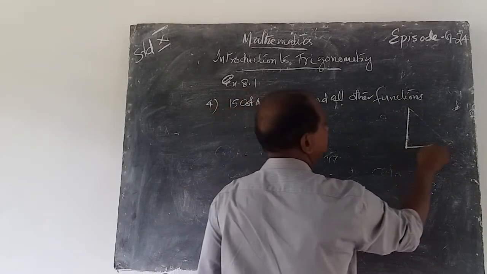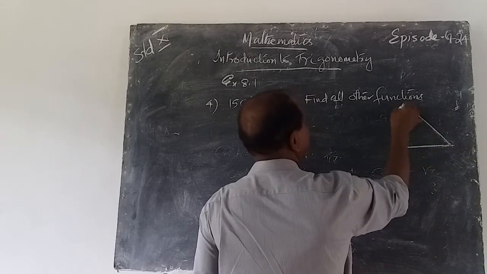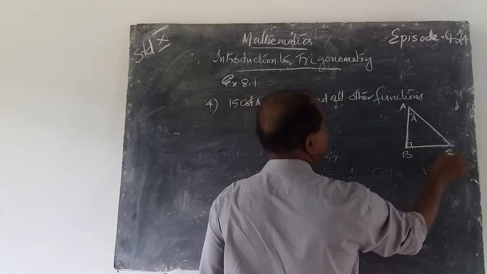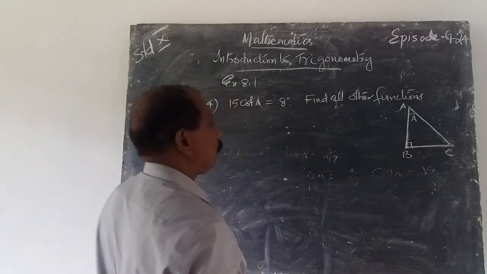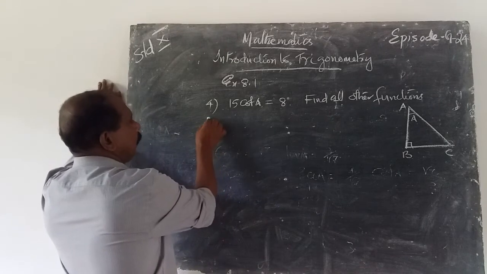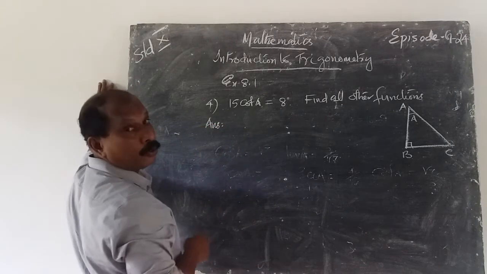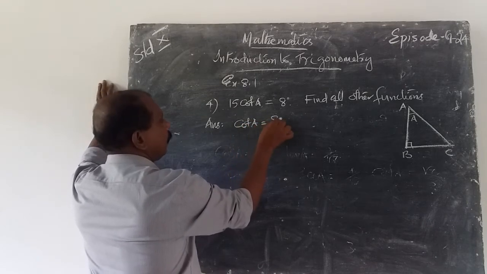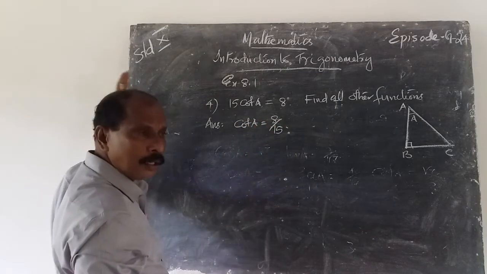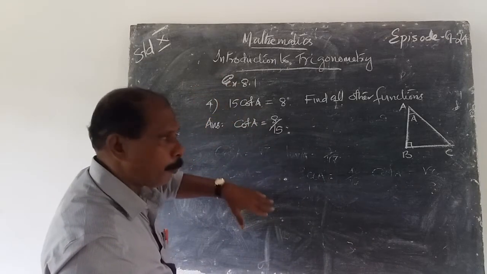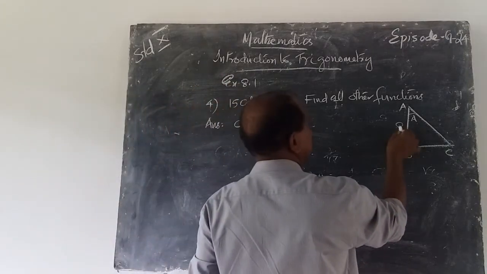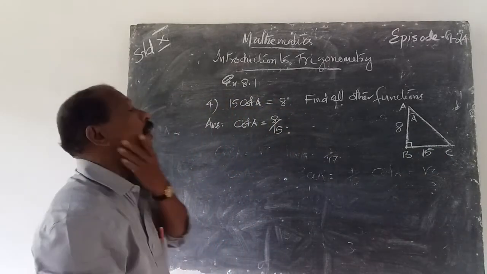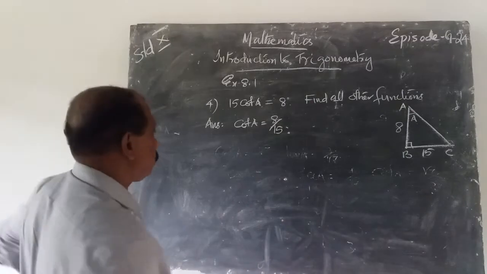The same figure, triangle ABC with angle A. Cot A is 8 by 15. Cot A is adjacent side by opposite side, so this is the adjacent side and this is the opposite side. Therefore, we can find out the hypotenuse.